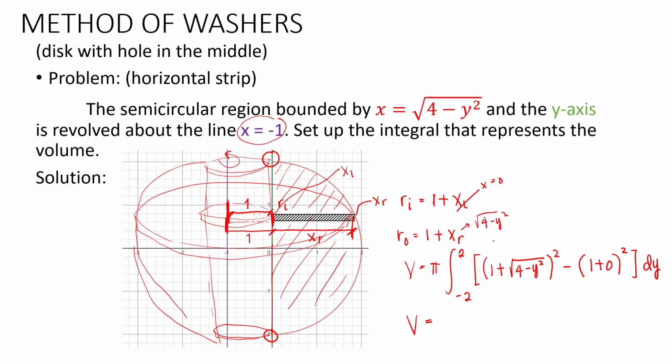Do you have questions about the 1 plus something? Again, we're basing our radius from the axis of rotation. That's why it's 1 plus xr. Then the other one is just 1. The inner radius can just be 1, since there is no x left.